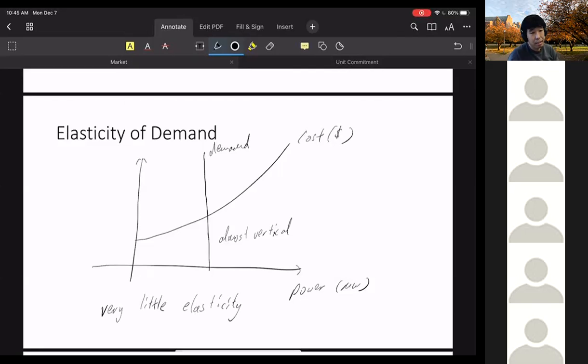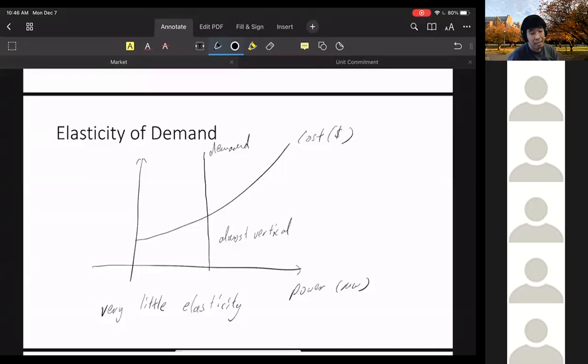Any question with this picture, supply and demand? Later we'll draw some pictures where the demand is more sensitive to cost, but in actual reality, demand is not very sensitive to cost at all. Our demand is driven by our daily behavior. We don't think about the cost of consuming power.